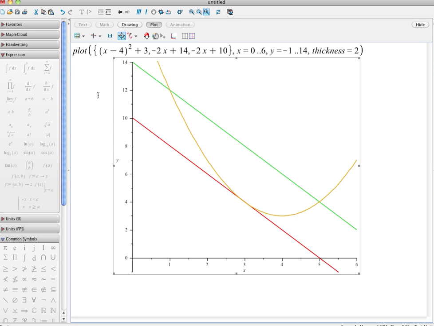Okay, so here I went ahead and entered Maple. Here's my original function. Here are my points when x equals 1 and x equals 5. This connects those 2 points that we're talking about. And then this is the tangent line at x equals 3, which shares the same slope as the secant line connecting where x equals 1 and x equals 5.